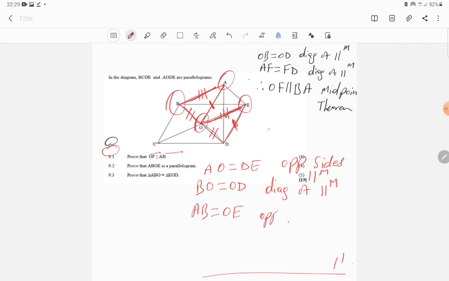Reason: opposite sides of a parallelogram are equal. So we have proven that now. Therefore, triangle ABO is congruent to triangle EOD. What's the reason for that? We have proved all corresponding sides are equal to each other.